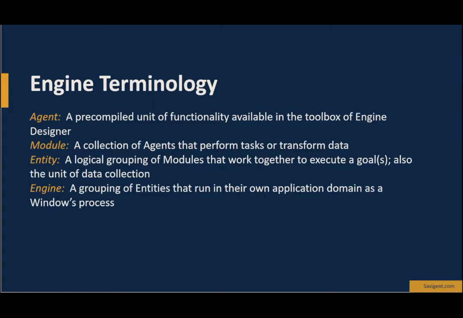And then I can put that inside of an engine, and that's what I would deploy as my connection to my ERP system. Every engine runs in its own application domain as a Windows process, and when I create this engine I can have multiple instances of it. So if there are multiple ERP systems to connect to or multiple pieces of lab equipment, I can use the engine definition that I created inside of the designer and instantiate multiple copies of that, each with its own configuration, such as IP address or database connection string.